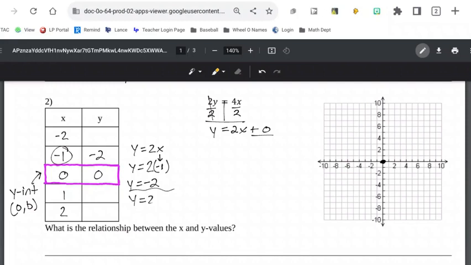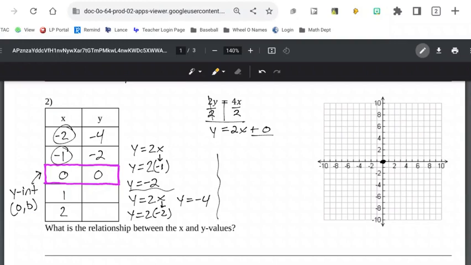We have y equals 2x. This time for x, we're going to plug in -2. And that means we get y equals 2 times -2 is -4. So when x is -2, y is -4.